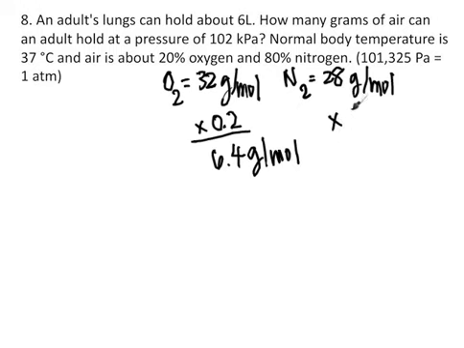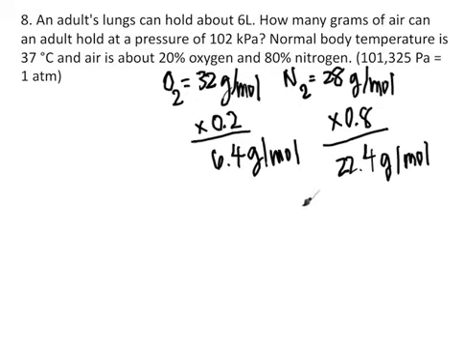Okay, for nitrogen, 80%, so times 0.8. That will give us 22.4 grams per mole. So add these together, we get 28.8 grams per mole, so air.